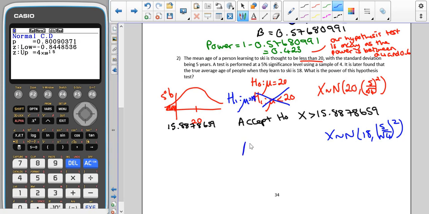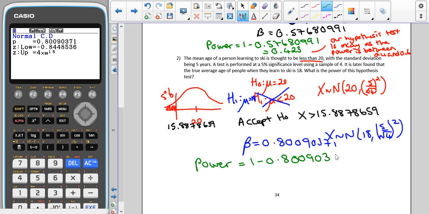which means that beta is 0.8009371. We're asked to find the power, so the power of this hypothesis test is going to be 1 minus 0.8009371, which ends up giving us 0.199.